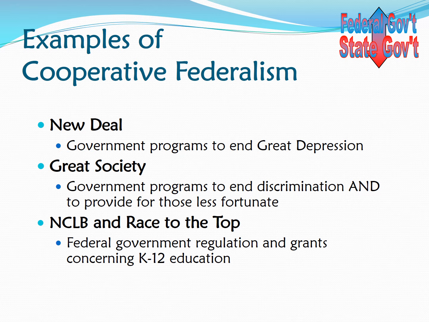So here we have some examples of cooperative federalism. As Mr. Phillips already mentioned, one of the best examples of cooperative federalism was the New Deal. In this case, what happened was that business sort of ran rampant and awry in terms of their practices, leading to the stock market crash in 1929.